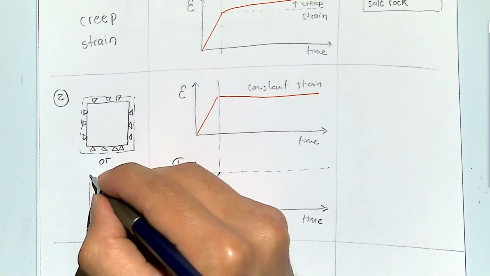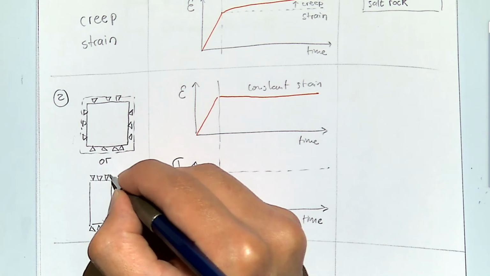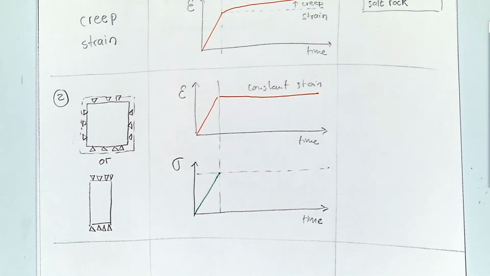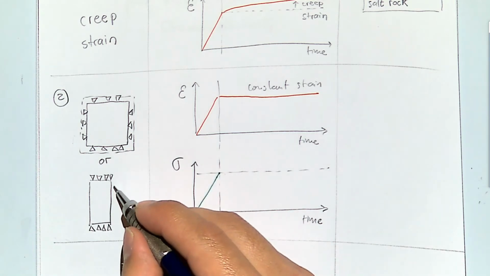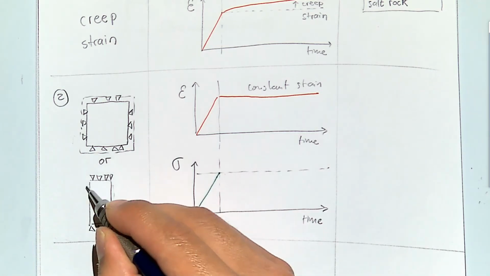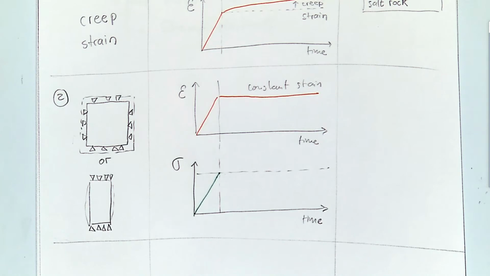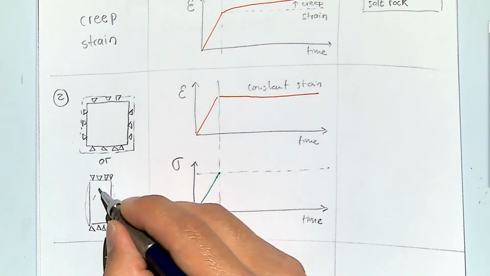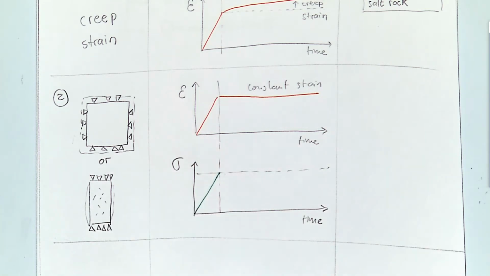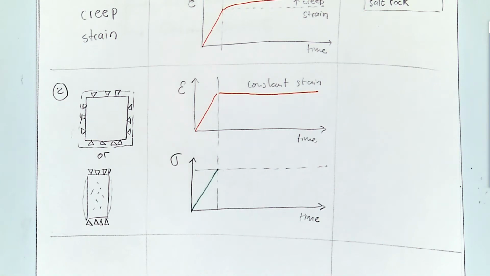So if you compress it and then you keep it constant, the material slowly is going to tend to flow in this direction, or it may grow some small cracks in order to relax that stress. Materials don't like to be stressed. Somehow they are going to relax that stress with time.